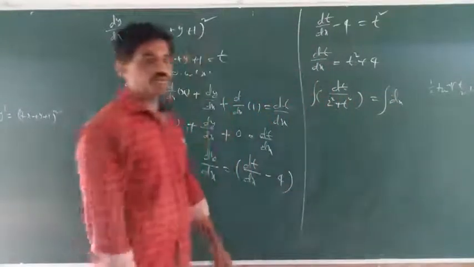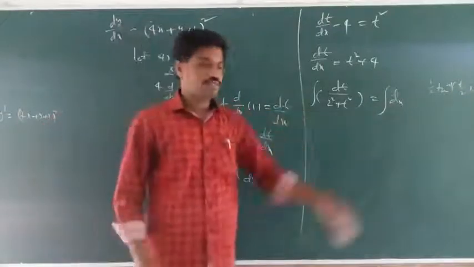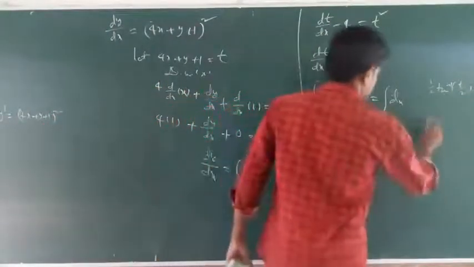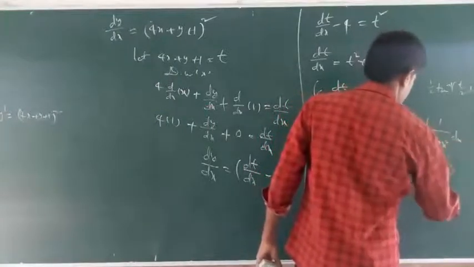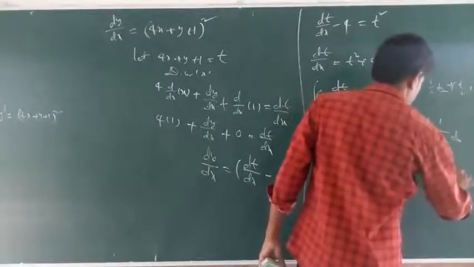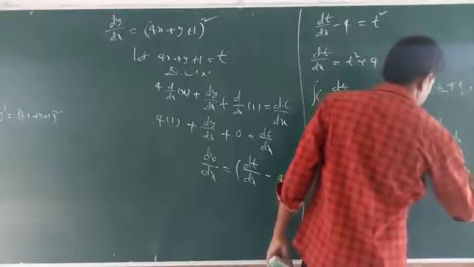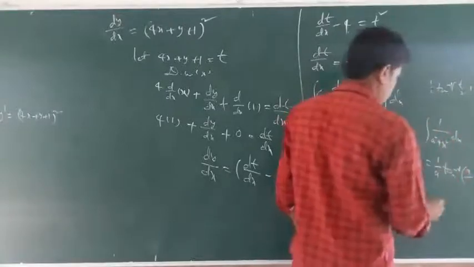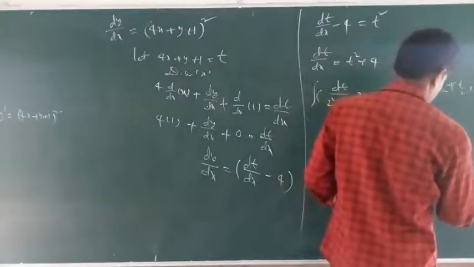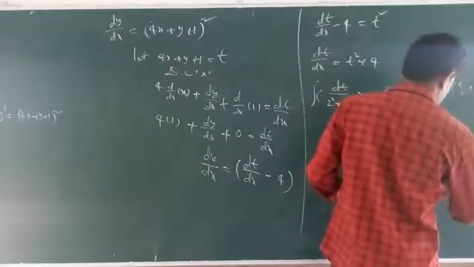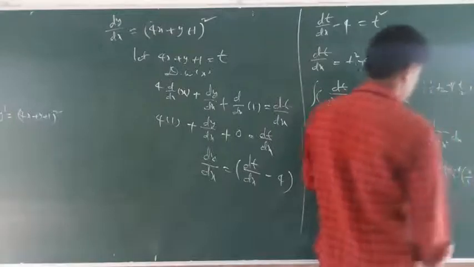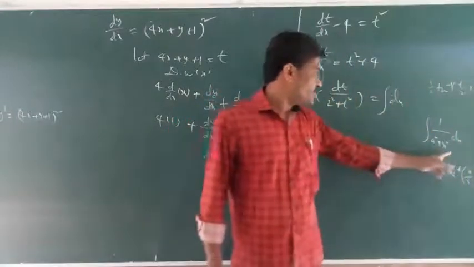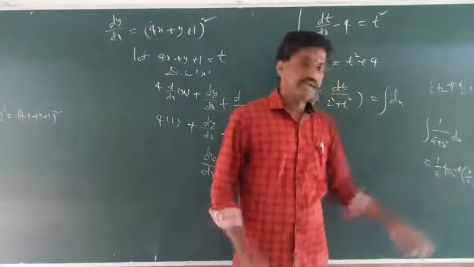So integration on both sides: this is the t term, this is the x term. So this is the formula: integration of 1 by (a² + x²) dx is 1 by a tan inverse of x by a.